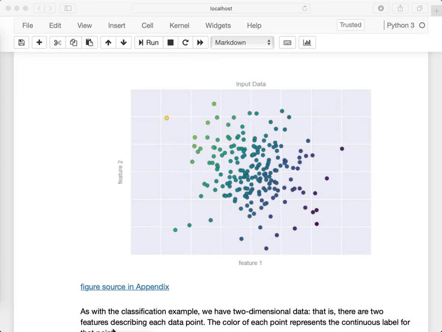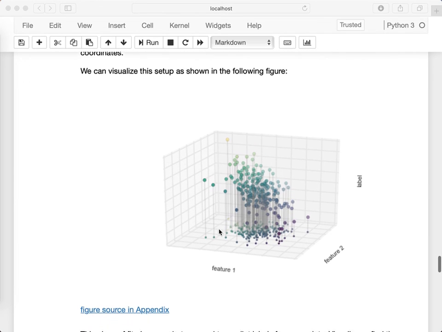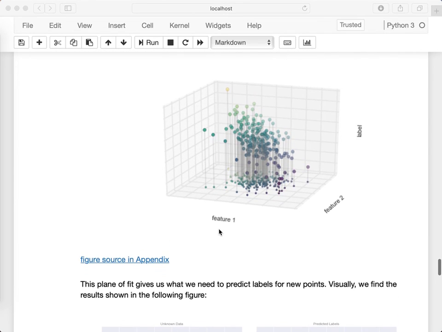In this data, we have two features, feature 1 and feature 2. So we can actually think about the outcome, the color of the dot, as a third dimension, because this can also be a continuous number from light to dark, for instance, and the third dimension can help us visualize this as a three-dimensional data set.